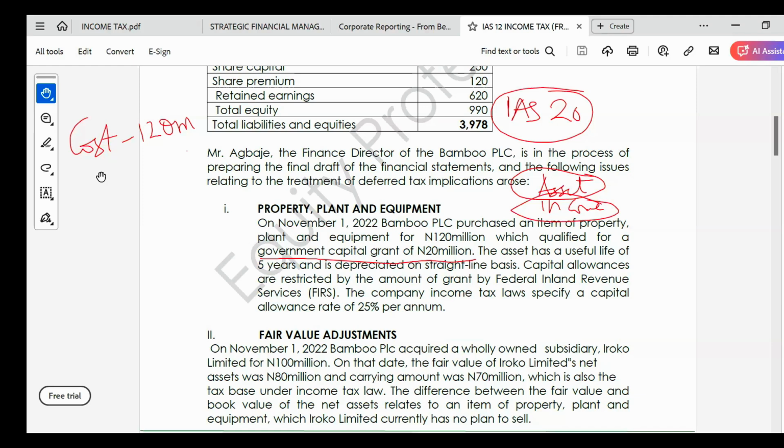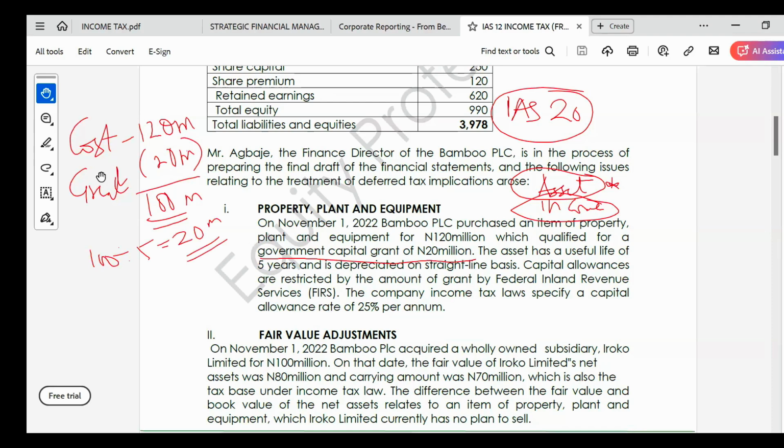But to make it more straightforward, if I'm using the asset method, of course, I will say this grant should be deducted from the 120 million before I now go ahead and do my annual depreciation. All right. And the question already told me that the asset has a useful life of 5 years and is depreciated on a straight line basis. So this immediately tells me I'm going to divide this by 5 and I'll have 20 million depreciation each year.